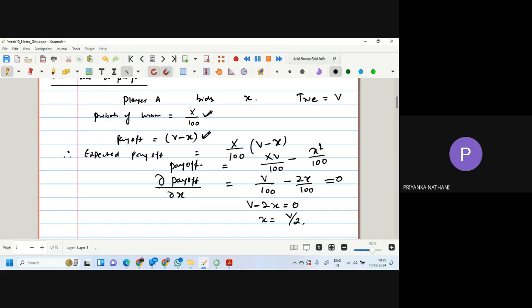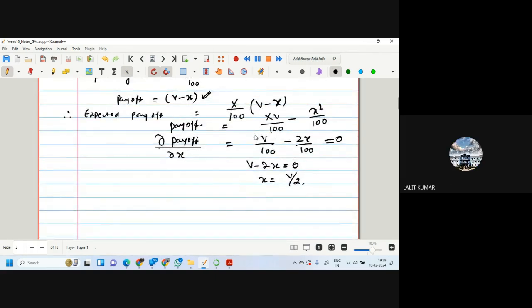So for player 1 the bid is V_A by 2. For player 2 also we do the same and get that his bid will be V_B by 2. That's how we get the equilibrium: V_A by 2 and V_B by 2.